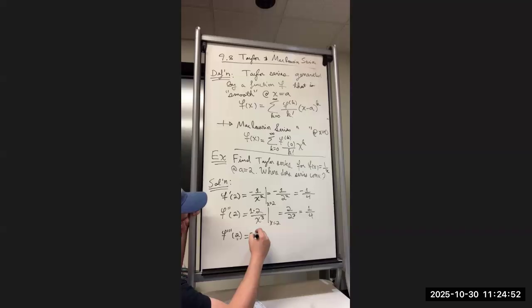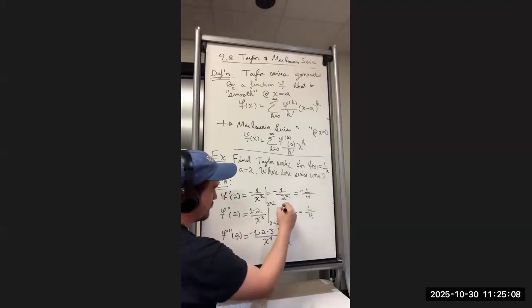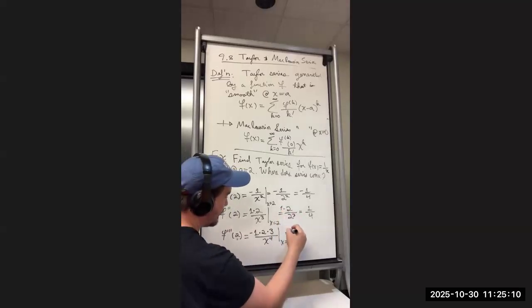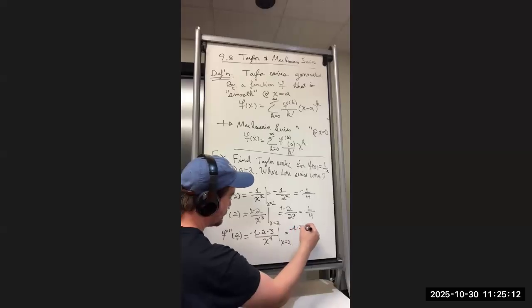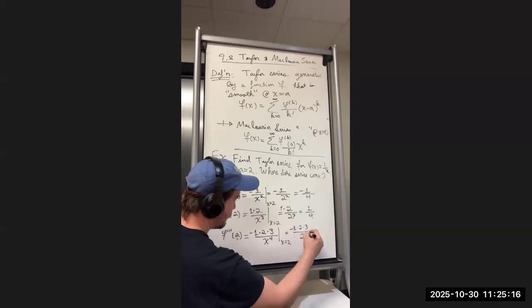Then here we'll have negative 1 times 2 times 3 over x to the 4th. Then we're evaluating that at x equals 2. So if I write this, I'll have negative 1 times 2 times 3 all over 2 to the 4th.